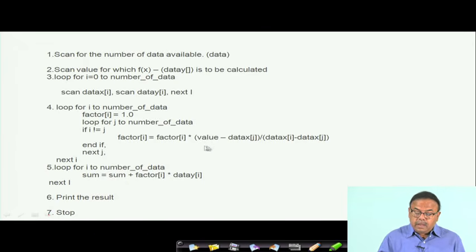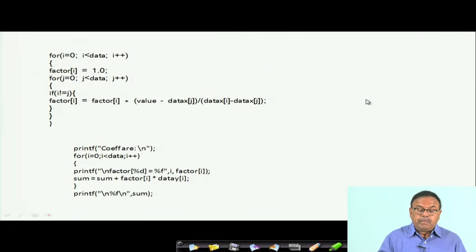Here you see that I am taking the factor, then I am taking whatever is the value; this part you can compute yourself, right. The key part is the computation of the factor, which I am showing here.